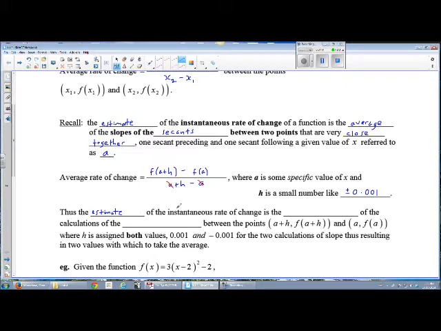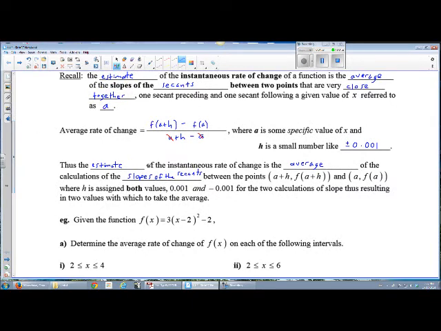The estimate of the instantaneous rate of change is the average of the calculations of the slopes, I guess, of the secants between the 2 points a plus h, f of a plus h, and a, f of a, where h is assigned both values of 0.001 and negative 0.001 for the two calculations of slope, thus resulting in two values with which to take the average.